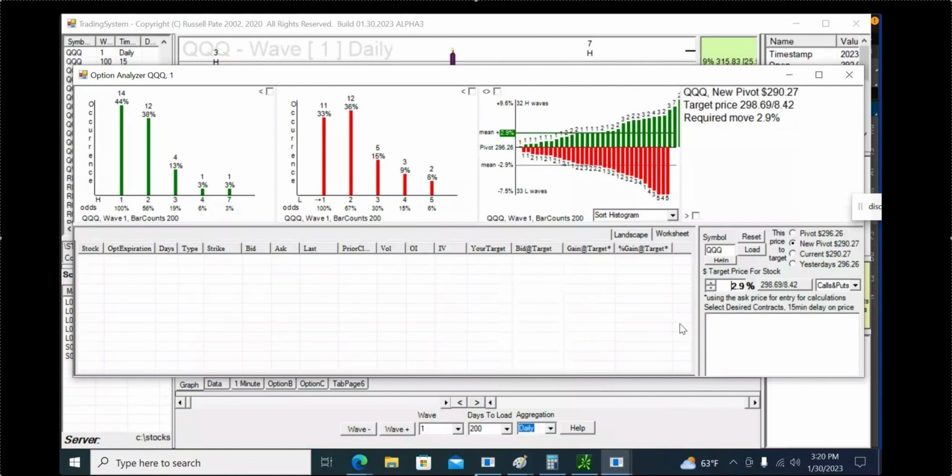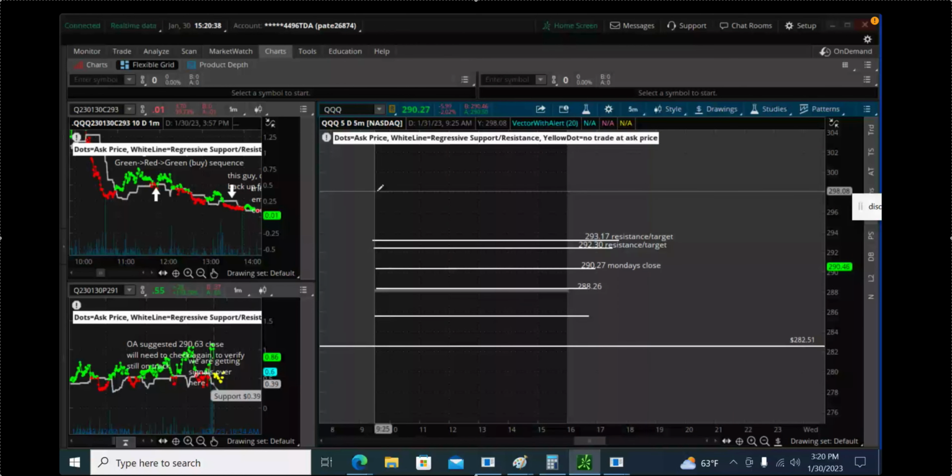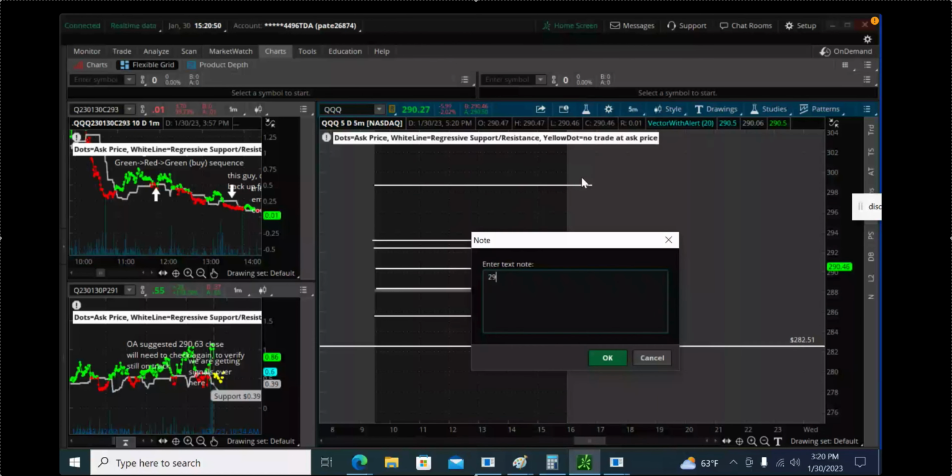So 298.69, which is money right there. 298.69, right around there. So that would be the ultimate thing to hit.